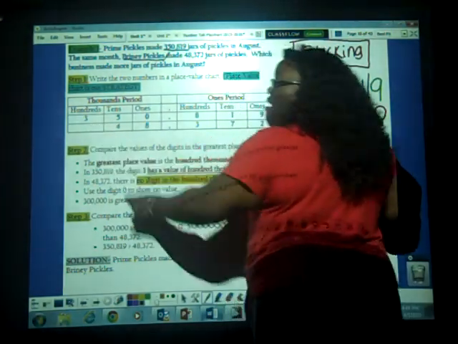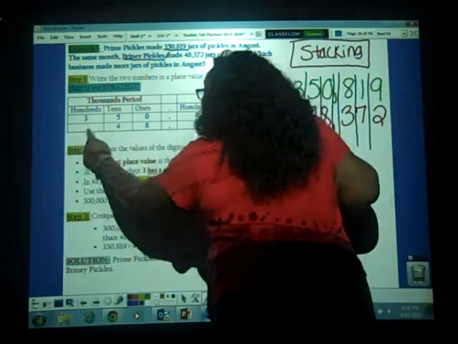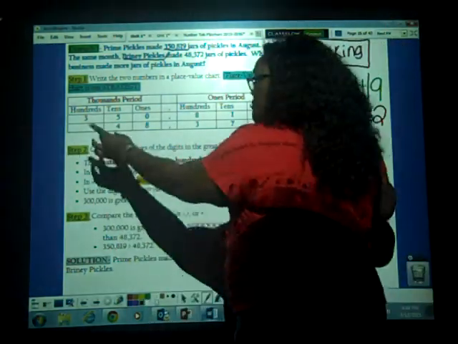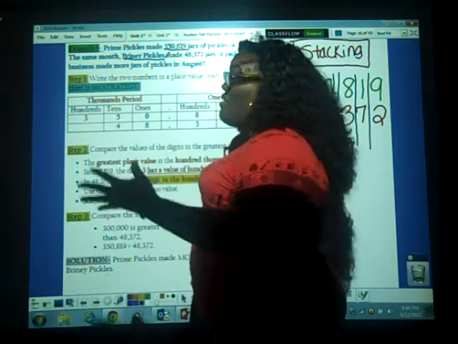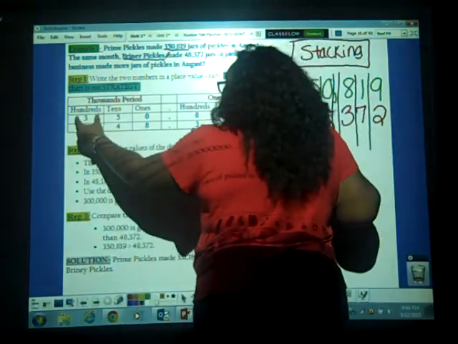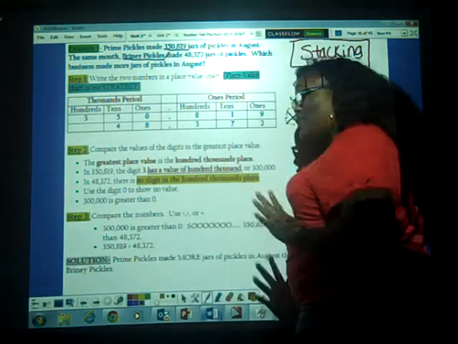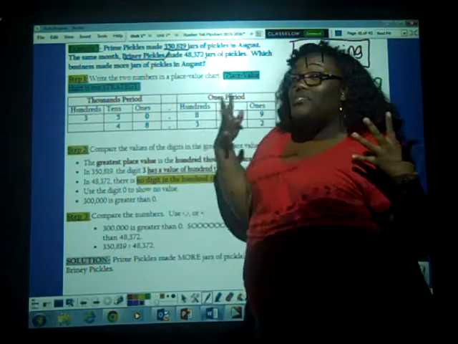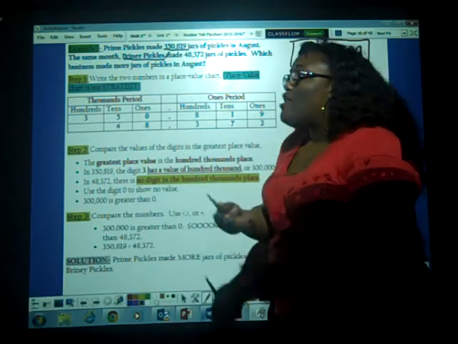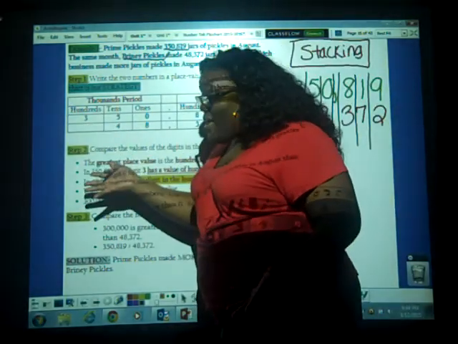There's nothing here. So that indicates 0, a value of nothing. There's no value. This has a value of 300,000. So, of course, 300,000 is greater than nothing.